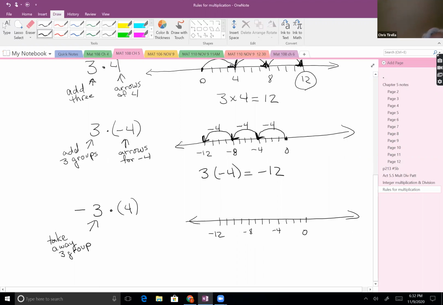But if you remember correctly, when we took away, we started with the arrowhead and worked to the tail. We worked backwards. So that's 0, take away 1 group of 4. And they're positive 4s that we're taking away. So the arrows are pointing to the right, but because we're taking them away, we're going from the head to the tail. And so in that way, I would be showing that taking away 3 groups of 4 would give me negative 12.